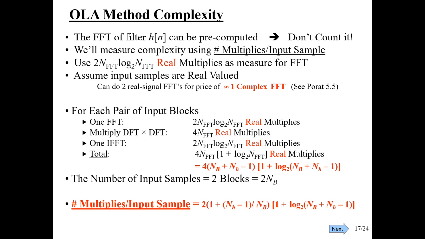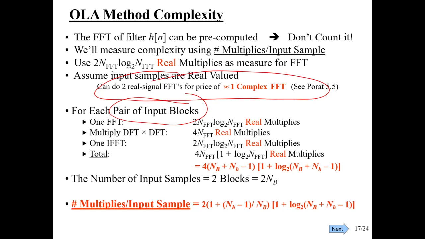This 4 gets divided by this 2 and gives us this 2 out in front. And I've just done a little bit of other algebra here. That's all. Okay, so that's the number of multiplies per input sample using this overlap add, using this little trick.